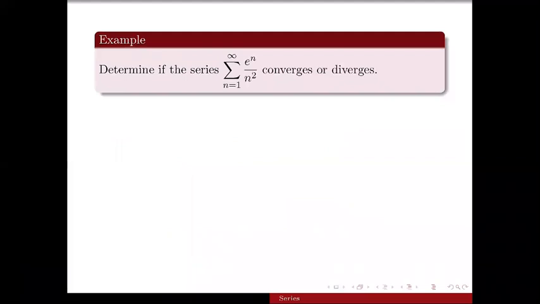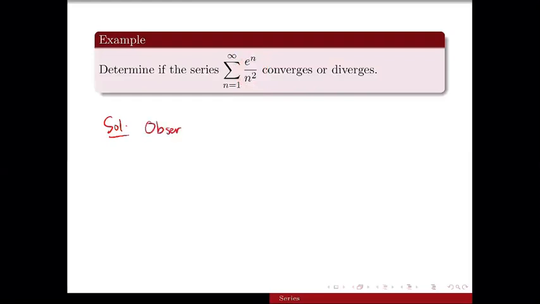Determine if the series e to the n over n squared converges or diverges. So for this, we only look at the terms. Let's hope that if we take the limit as n approaches infinity, we'll get something not equal to 0.